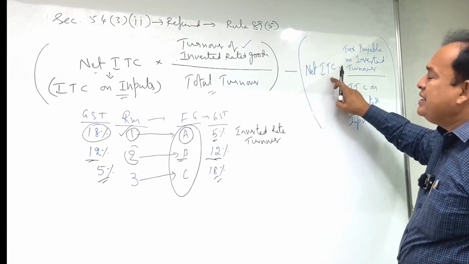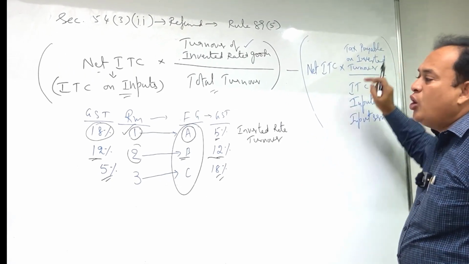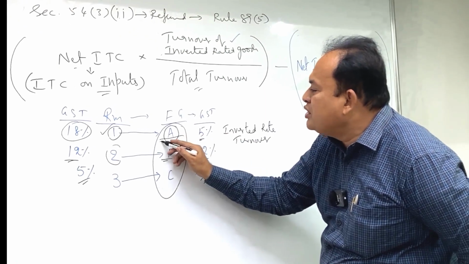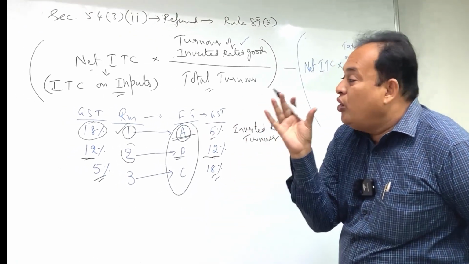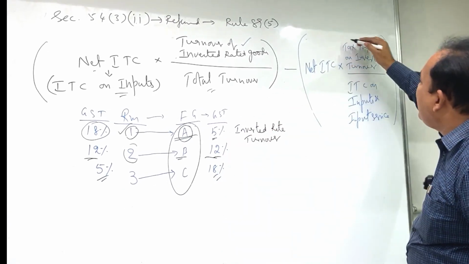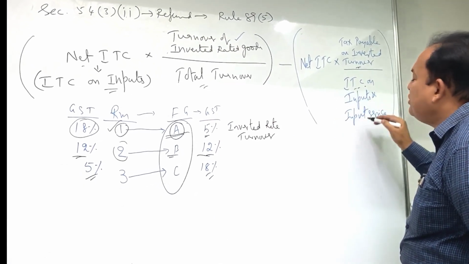So net input tax credit multiplied by tax payable on inverted turnover. What is the inverted turnover? Finished goods A. What is the value of supply you made? On that 5% GST is payable. That is the tax payable on such inverted turnover, divided by input tax credit on inputs and input services.